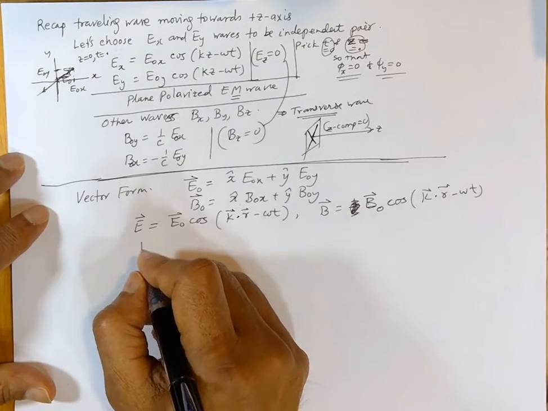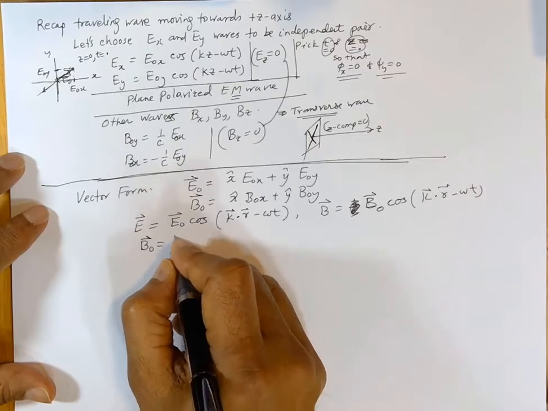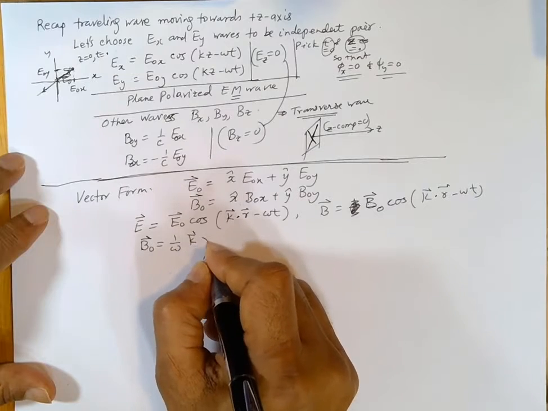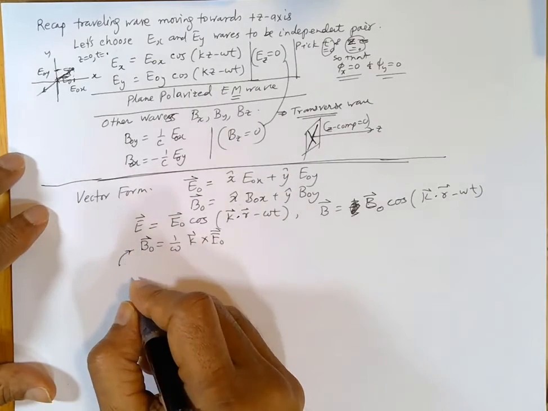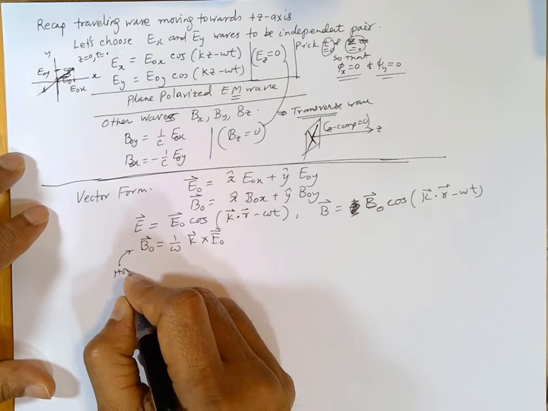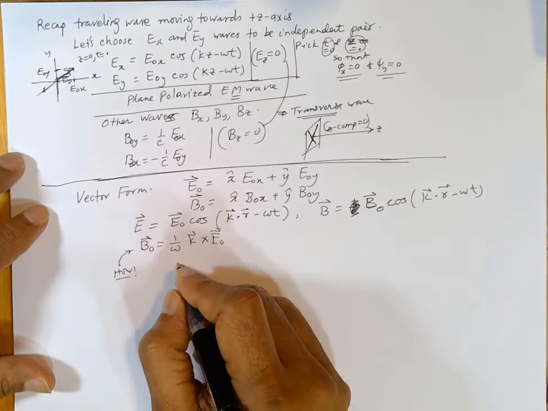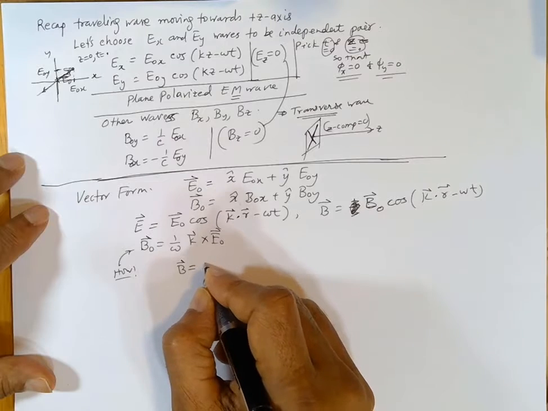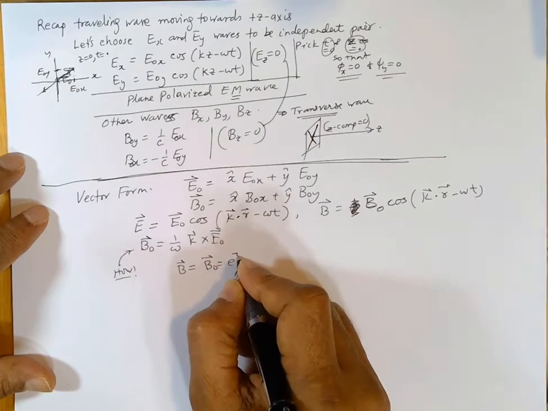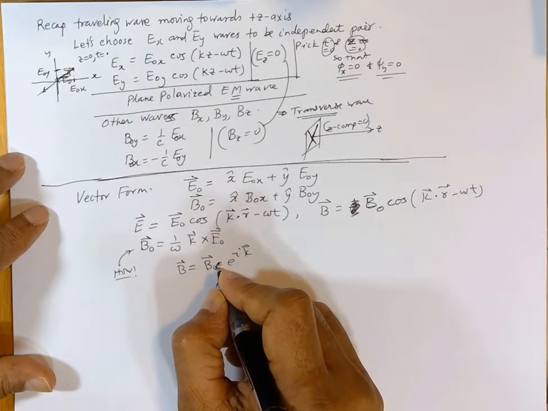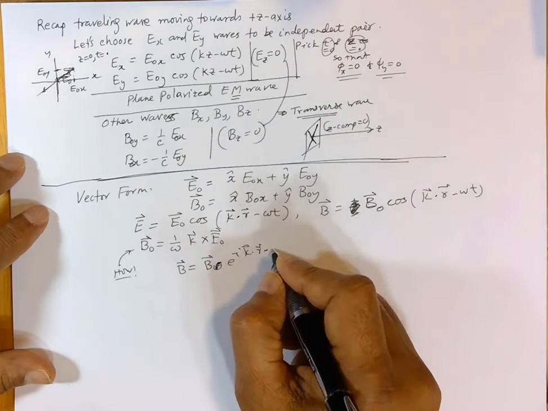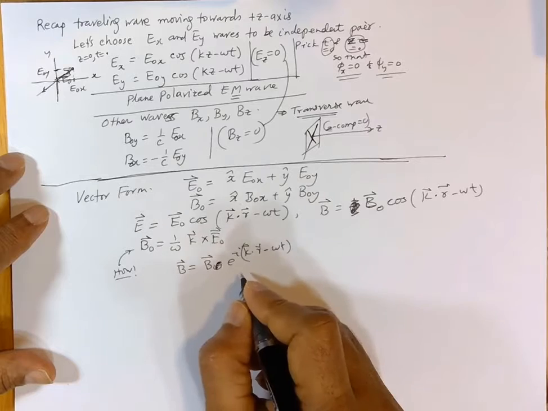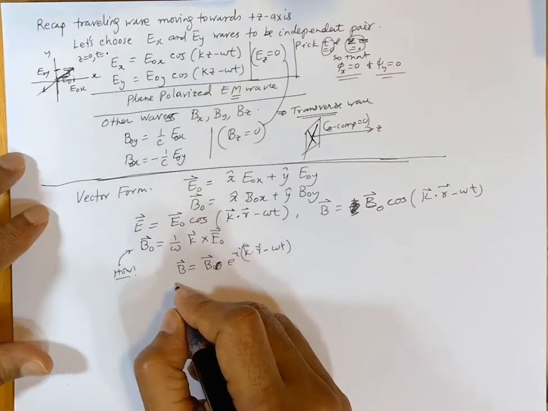And B0 is actually 1 over omega k cross E0, and I haven't shown how. Well, if you write B0 e to the power i (k dot r minus omega t), suppose you write it like this, it's much easier to see.